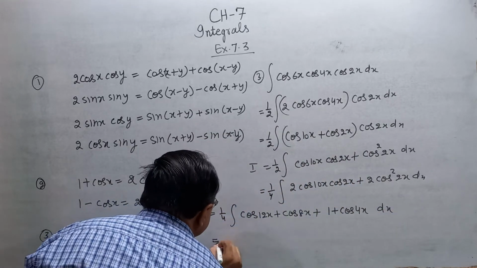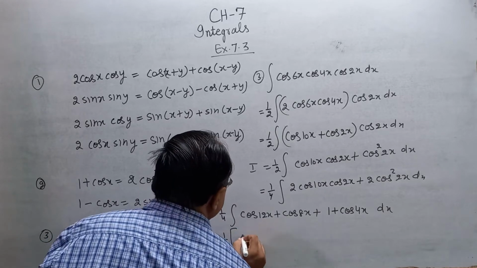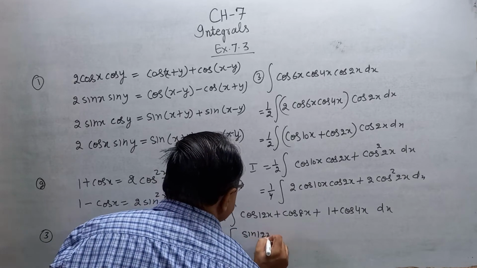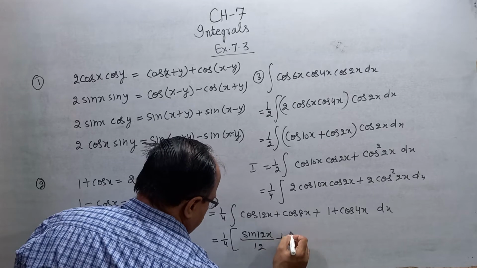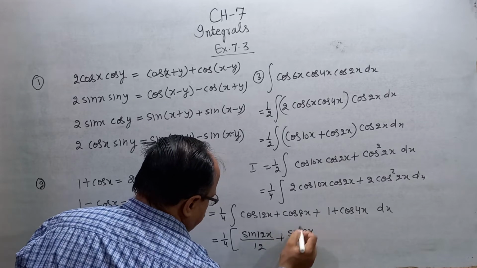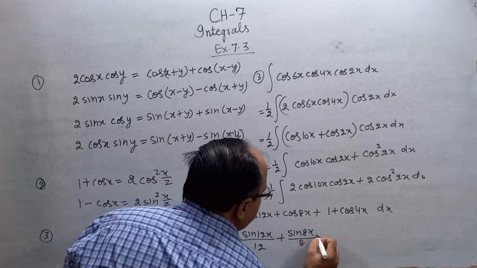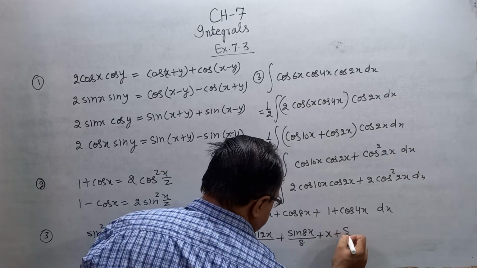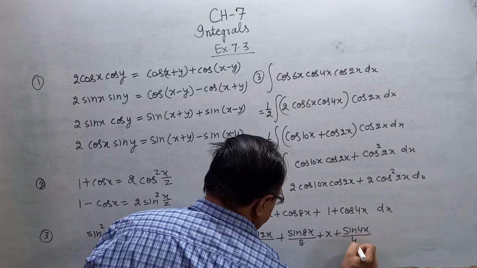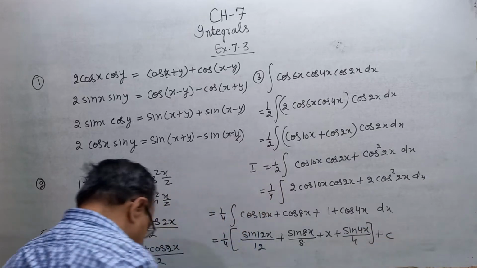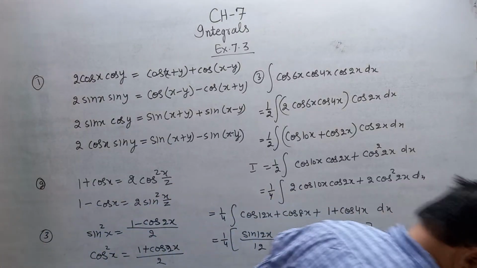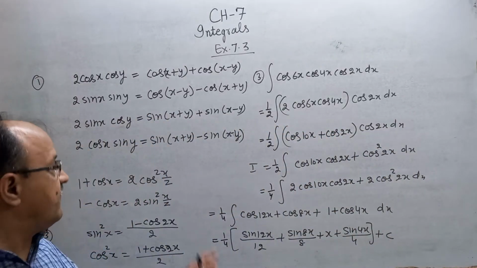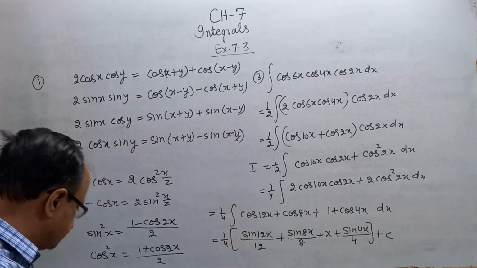And the integration of cos gives sin 12x by 12, and sin 8x by 8, plus x plus sin 4x by 4. This is the answer. This is the solution of question number 3. Clear? First you will learn this formula, then you can solve these questions easily. Clear?